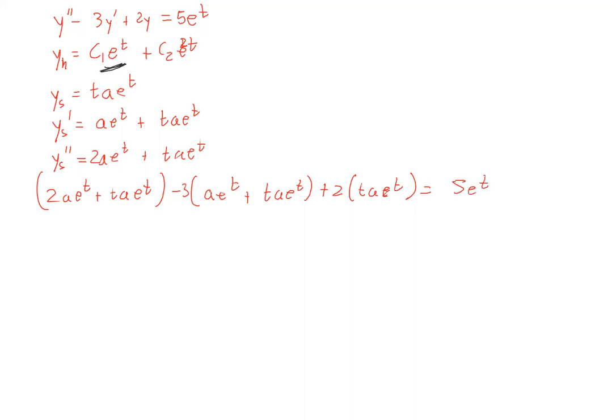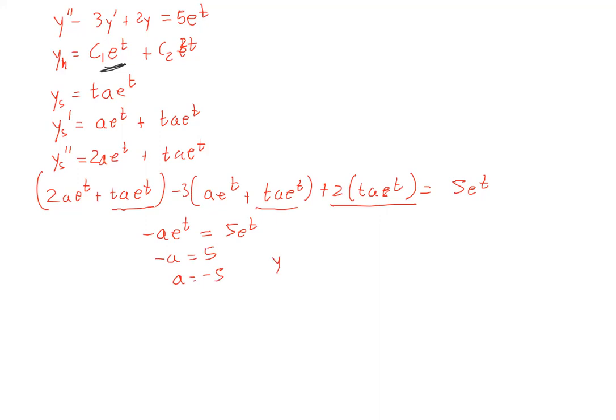So now, look how nice everything is. Because you have ta e to the t plus 2ta e to the t minus 3ta e to the t, they cancel out, right? That's the beauty of this. And what remains is just minus a e to the t is equal to 5 e to the t, which means that minus a should be 5 and a is equal to negative 5.